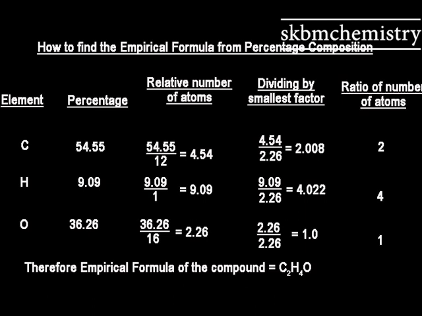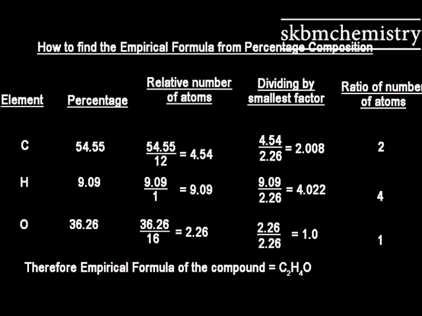That will give you the result 4.54. Coming to hydrogen, its percentage composition 9.09 has to be divided by its atomic mass, that is 1. So the result also will be 9.09. Coming to oxygen, its percentage composition 36.36 has to be divided by its atomic mass, that is 16. So the result will be 2.26.